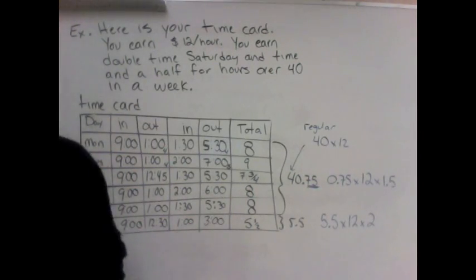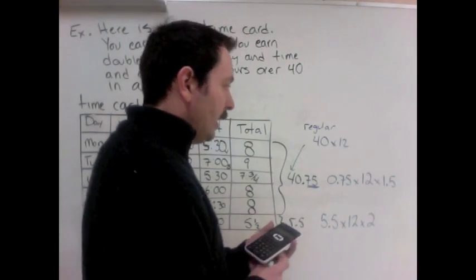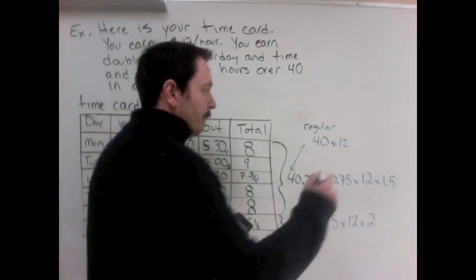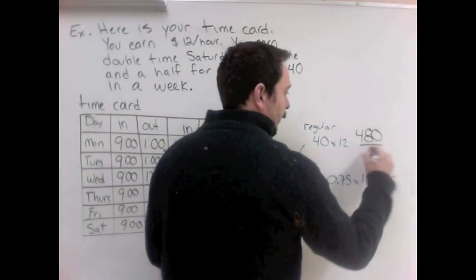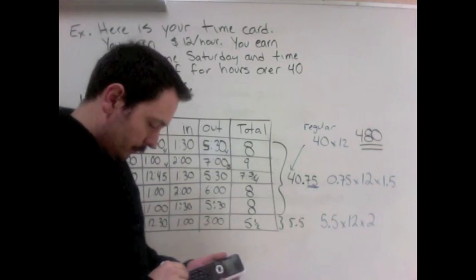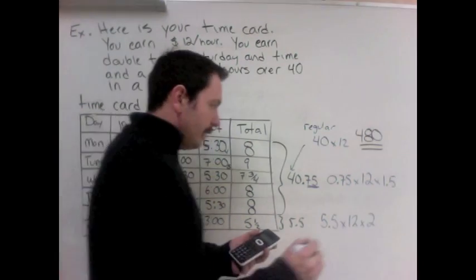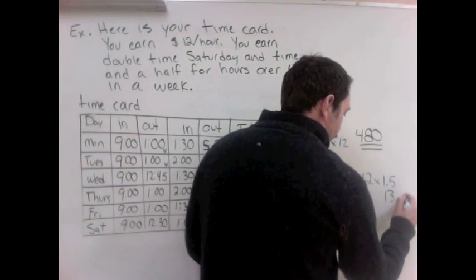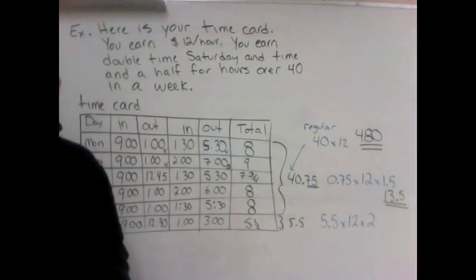So now to calculate all this, 40 times 12, I made $480 for regular hours. 0.75 times 12 times 1.5, I made $13.50 in overtime.